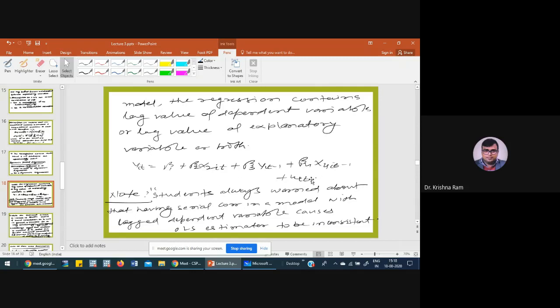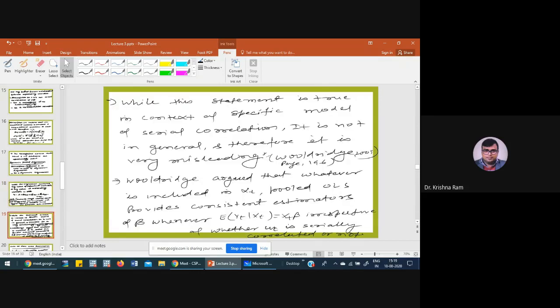In a basic econometrics textbook, particularly in Gujarati, you probably noted that when you work with a regression model in which the lag value of the dependent variable is an explanatory variable, and we find autocorrelation, then our OLS estimator becomes inconsistent. But Wooldridge argued here that this is not always the case; that statement is true in the context of a specific model.